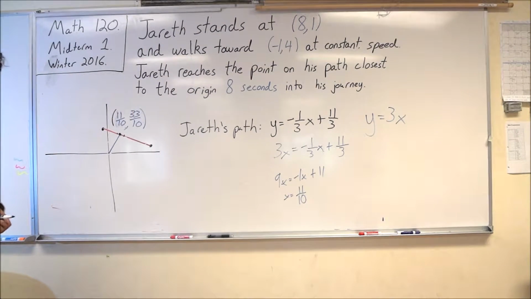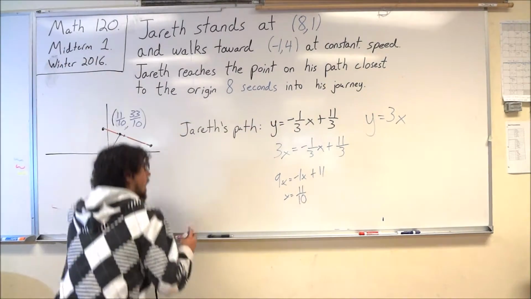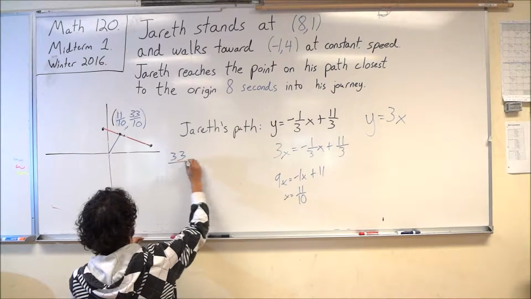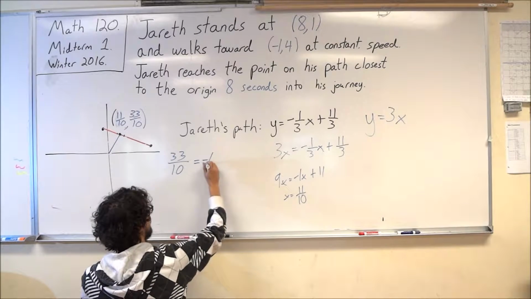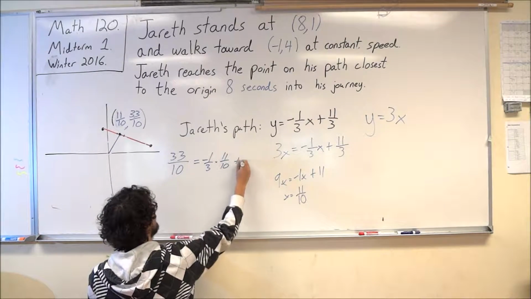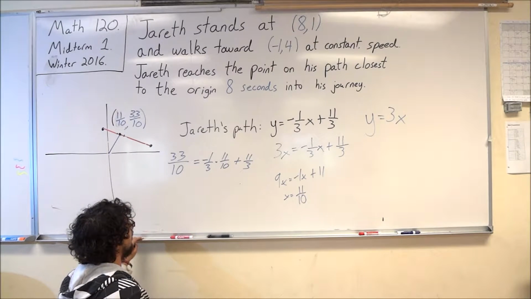And let's check that when we plug this into Jareth's path, things actually behave nicely. I plug in y equals 33/10, and for x, I get negative 1/3 times 11/10 plus 11/3. Hopefully this will work out nicely.